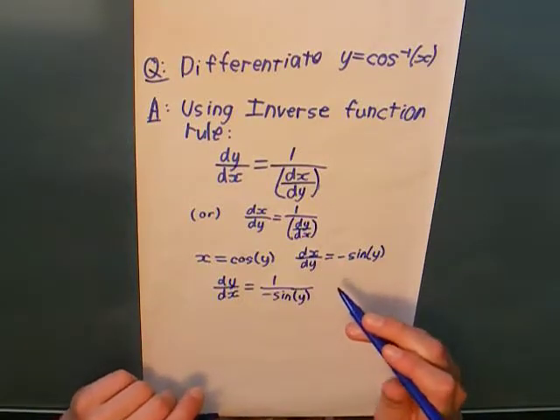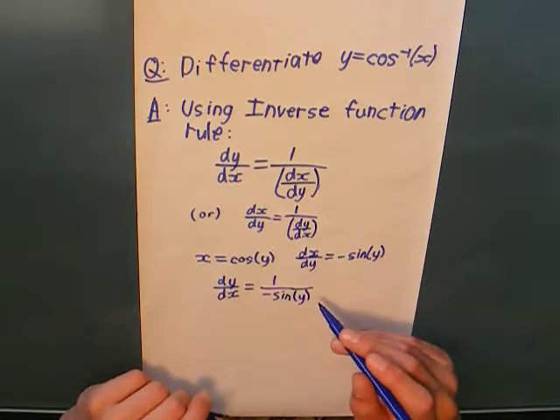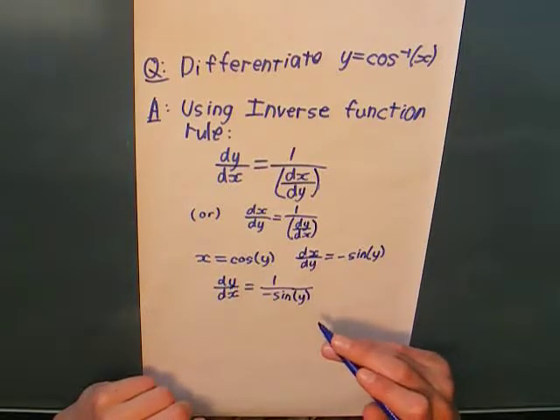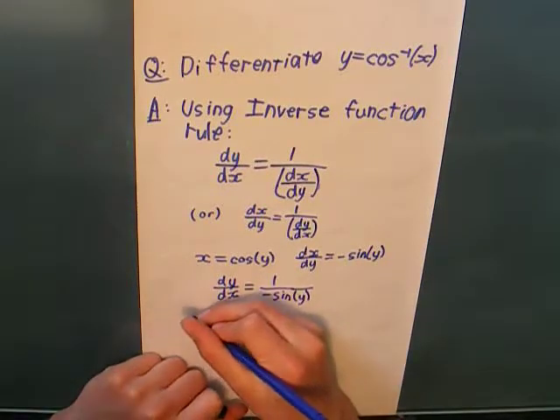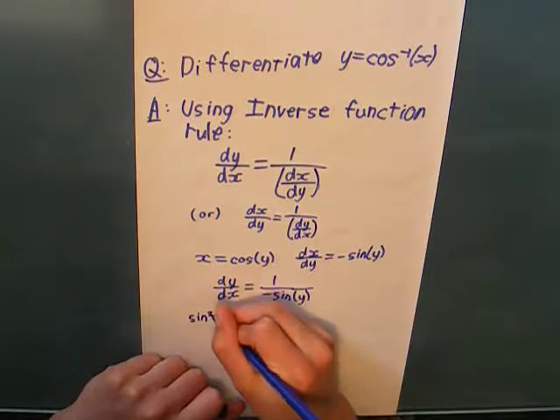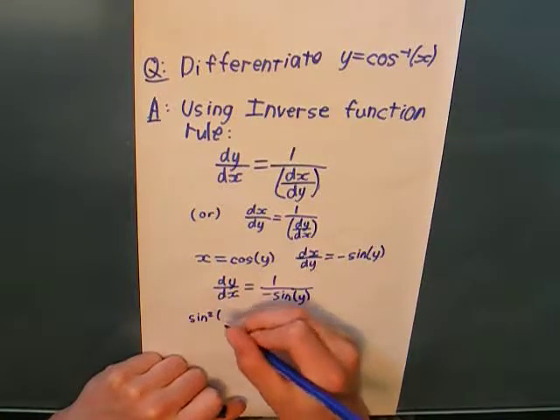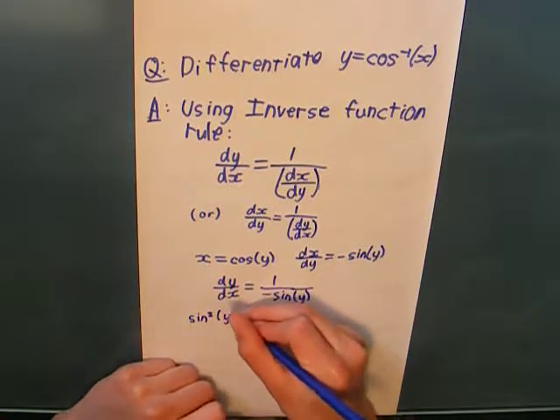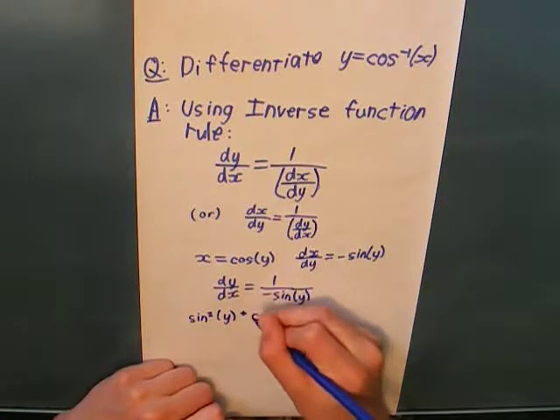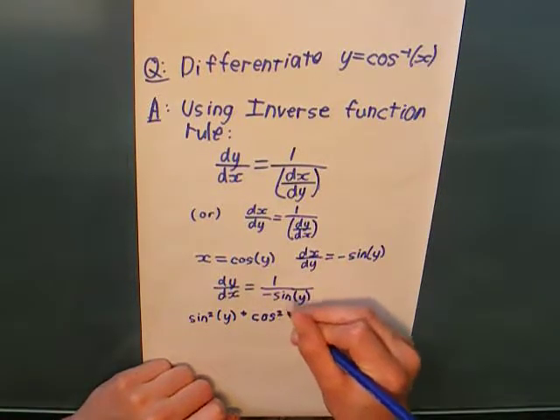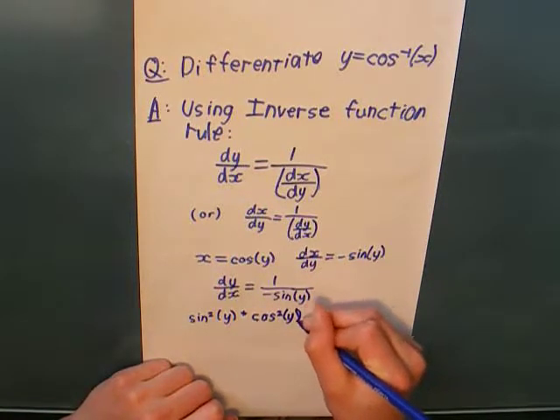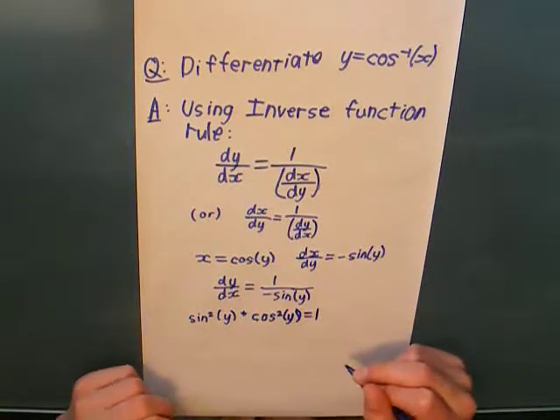Okay, now I'm going to have to do a bit of rearranging using some trig identities. So, for example, I know that sine squared of, well, anything really, but I'm going to make it y, plus cos squared y equals 1.